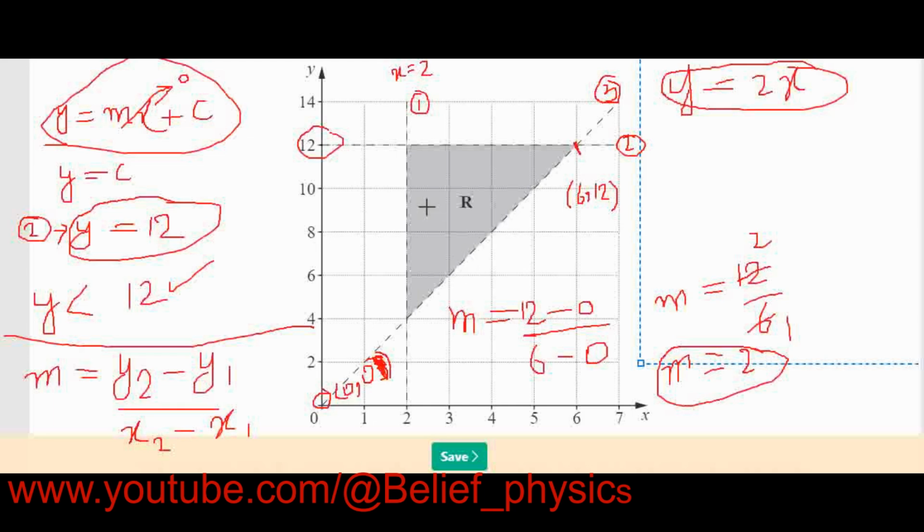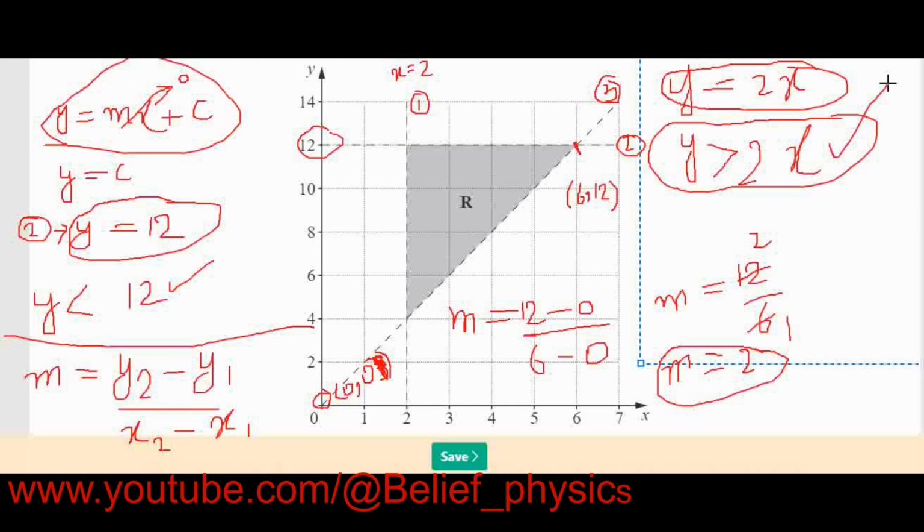Now the shaded region is above this line. So the inequalities are: first, x greater than 2, the second we found, y less than 12, and the third will be y greater than 2x. So this is the answer.